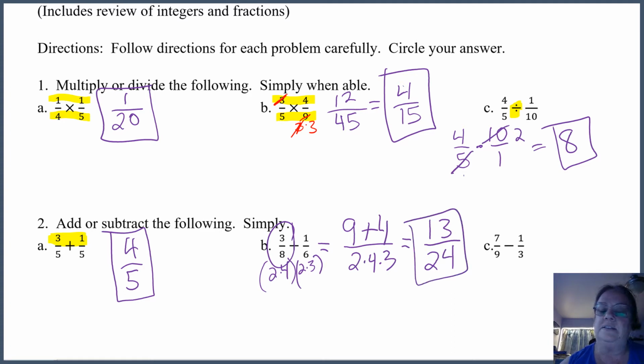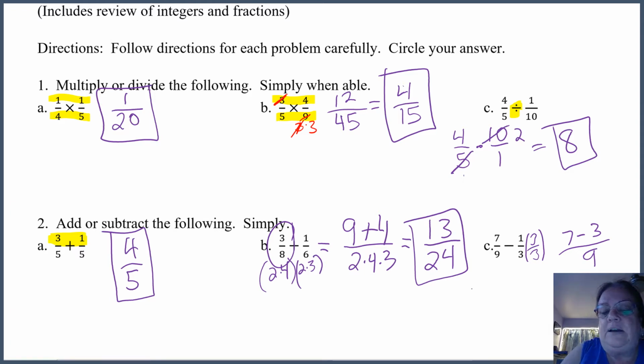All right. Now we have 7/9 minus 1/3. Well, we're going to do a common denominator again, but that's pretty simple because all I need is 3's over here. That's supposed to be a 3, believe it or not. So now what I have is 7 minus 1 times 3, which is 3, over the 9.